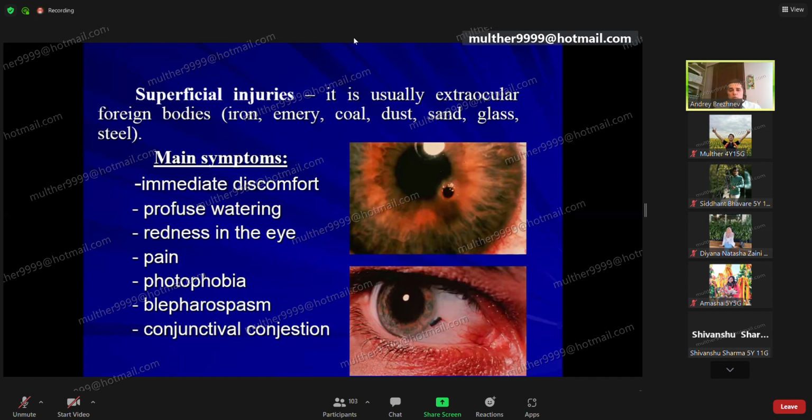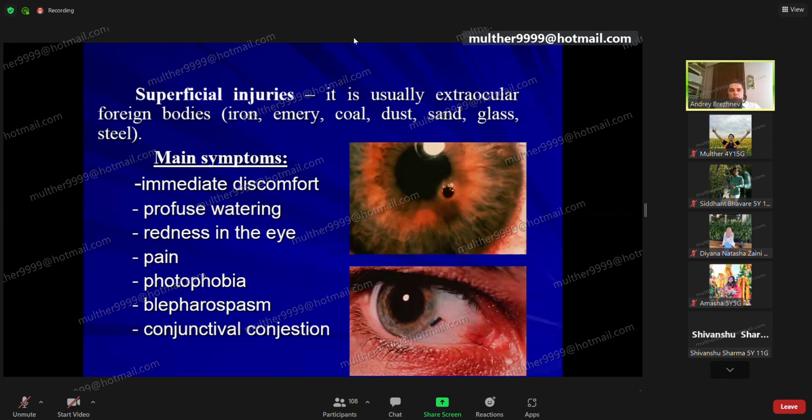And on the surface of the conjunctiva of the eyeball, we can rather often find superficial foreign bodies. If you look at the lower picture, you see near the limbus, on the surface of the conjunctiva of the right eye, a superficial foreign body.